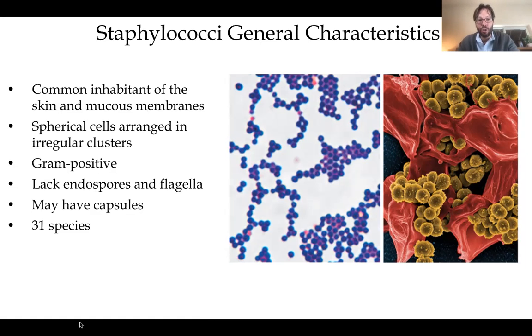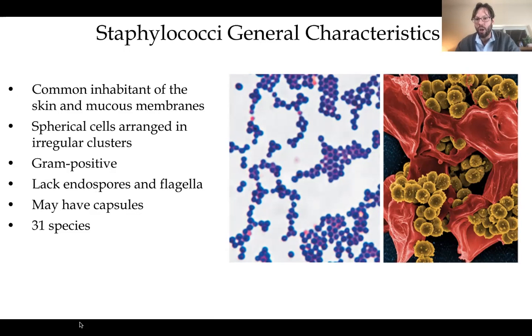Again, because it's cocci, they're going to be circular or spherical cells arranged in these clusters. And like I said, all of the Staphylococci that we'll talk about are gram positive. They don't have endospores, they don't have flagella, and that's usually because they are in these clustered formations. Flagella and endospores are more typically found on single cells.